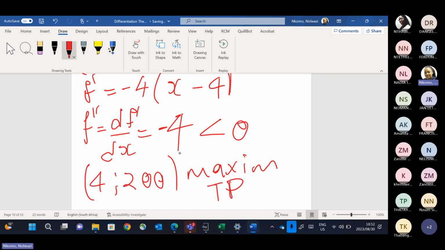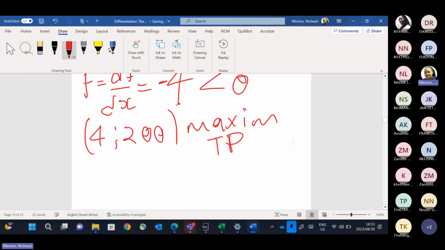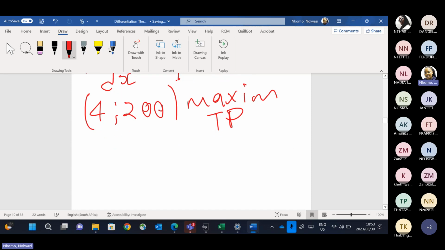Okay, sometimes you'll find your second derivative as a function. Let's say if we were differentiating the first derivative, we find something like 4x plus 3, right? The next step is to substitute your x star. Our x star is 4, right? So the next step is to substitute here where there is x.